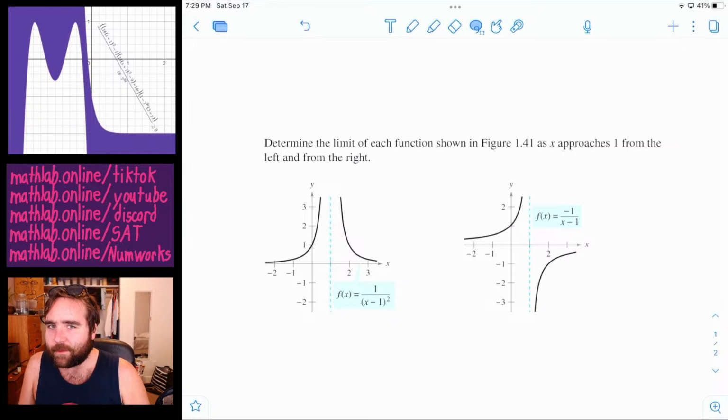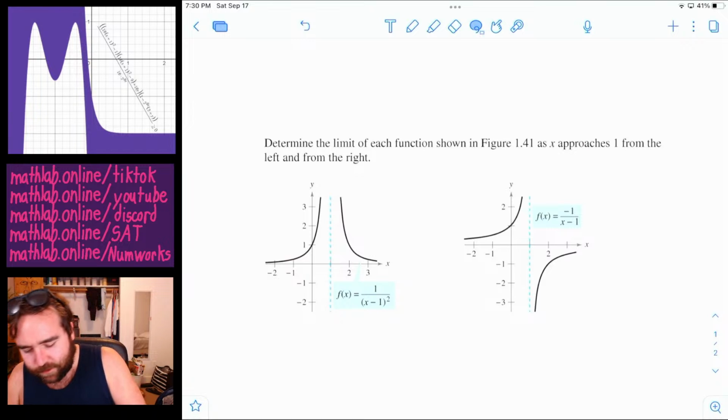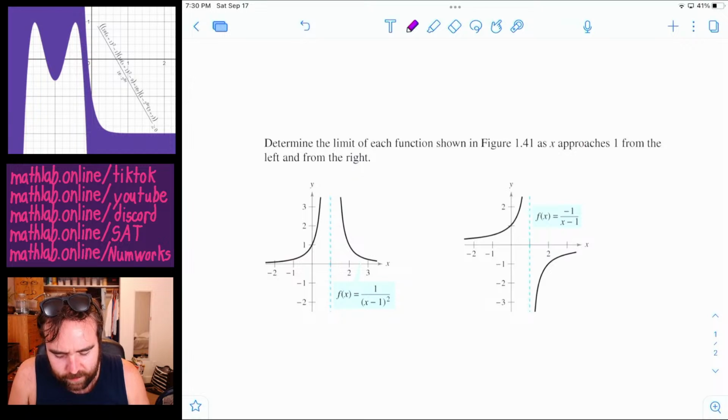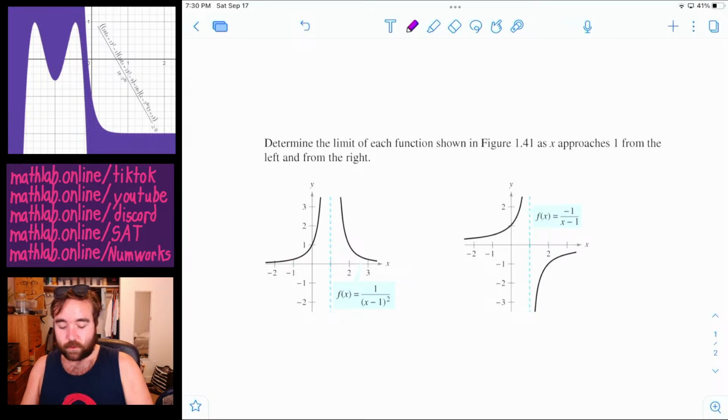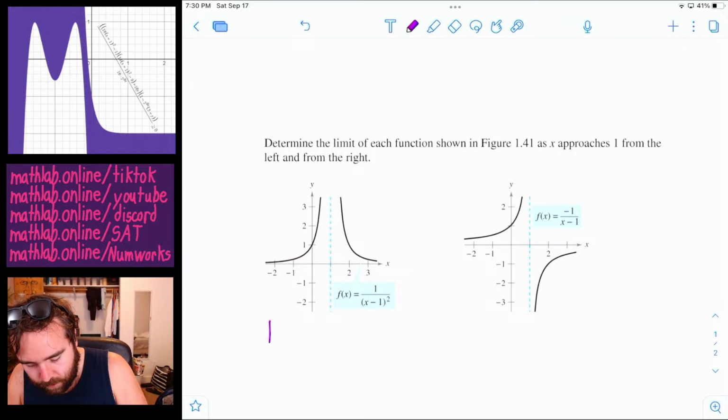So this next section is about infinite limits. And the thing about infinite limits is that they're really not any different from other limits. It's just that infinity is involved. But that's not that scary. So with this first one, what does it say? Determine the limit of each function as x approaches 1 from the left and from the right. So here's our x equals 1. Let's go ahead and use the proper notation. As x approaches 1 from the left of f of x, what do we have?